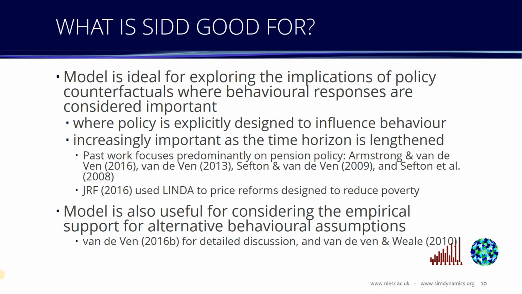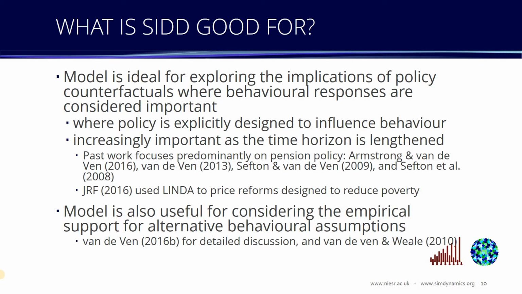To understand the second point, let's say you have a policy experiment that you're interested in. And let's say that the policy experiment isn't designed explicitly to influence behavior at all, but it does, in any case, influence both savings and employment by a little bit.